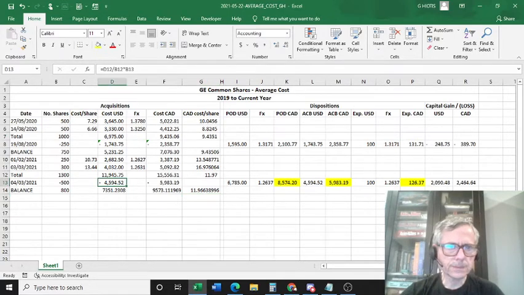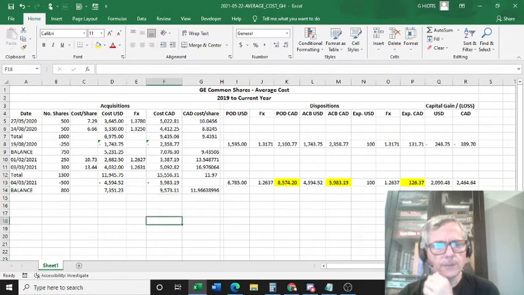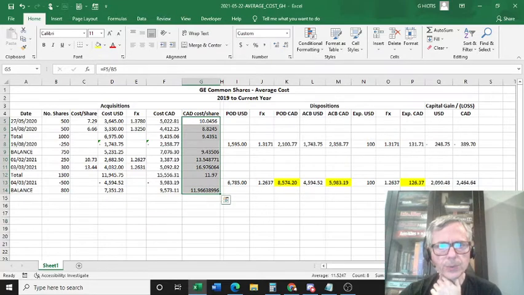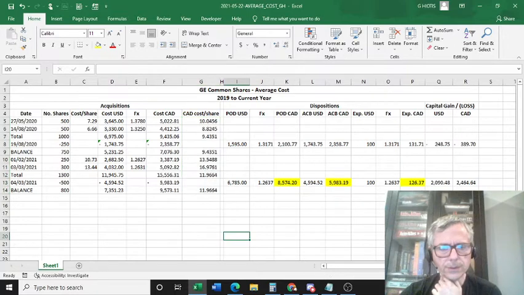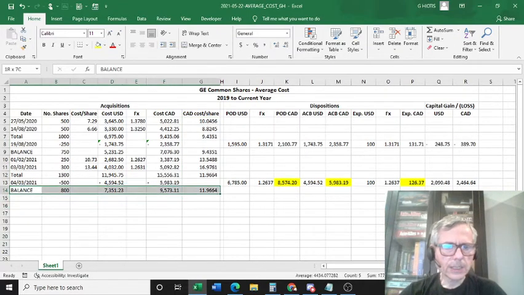And let's do some formatting here. Let's put this to 4 significant digits. Let's see if we can do that. There you go. So this is the balance, and the process starts again if you should reacquire more shares.